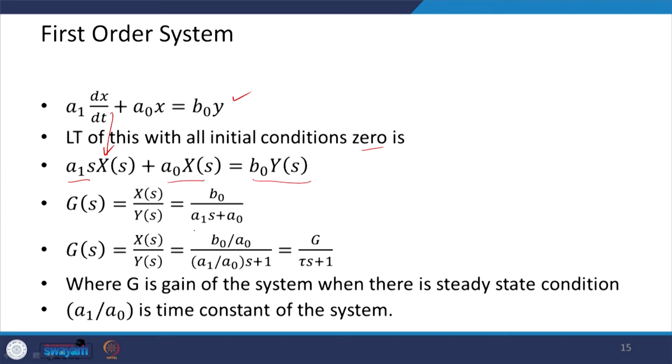So, I can write the relationship between output and input, X(s) by Y(s), is equal to b0 by (a1 s plus a0). Or this can be written in the form G by (tau s plus 1), where G is the gain of the system at steady state, and a1 by a0 is the time constant of the system.